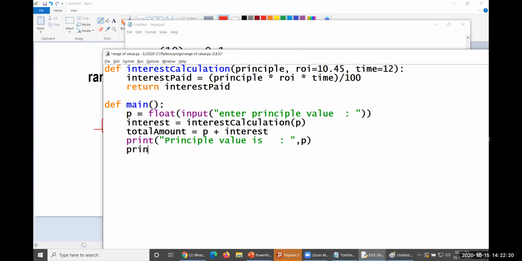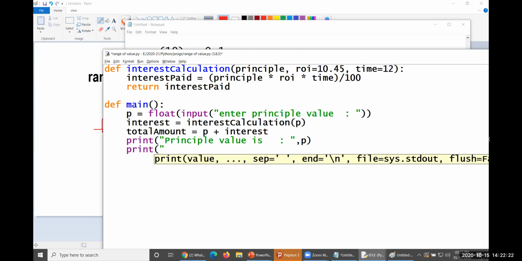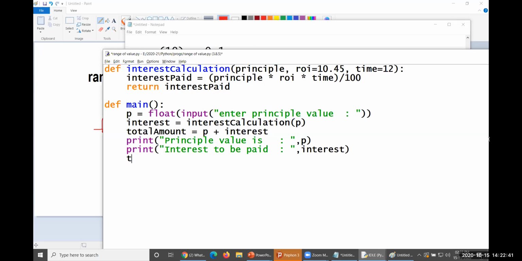And then again print interest to be paid, how much interest you are supposed to pay here. This is the interest you have to pay for 1 year, that is interest, then followed by total amount.